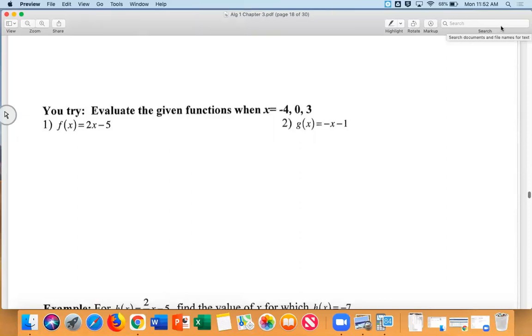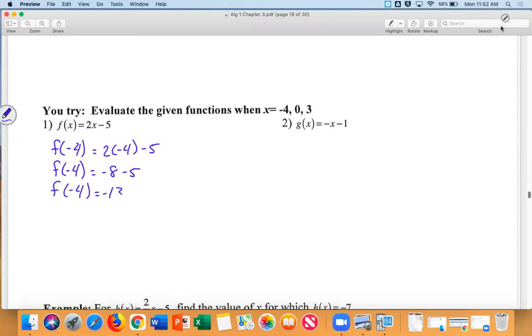I'm asking you to replace the x with a negative 4. That's a lot of work. Agreed, Chucky? But wouldn't it be easier to create that table, which is what we've been doing? Let your calculator create the table.